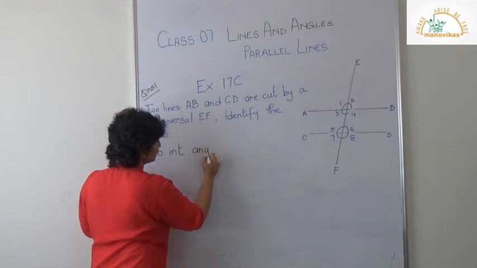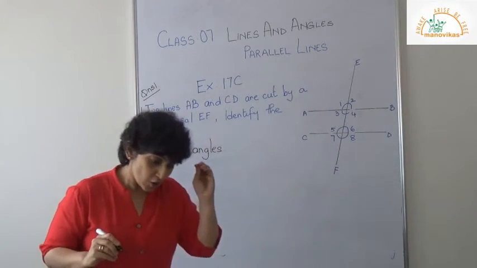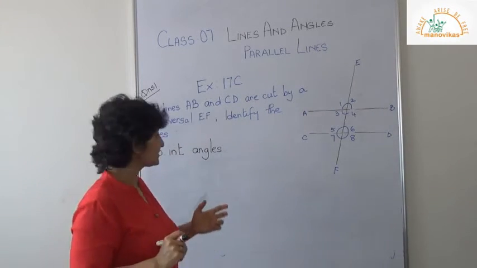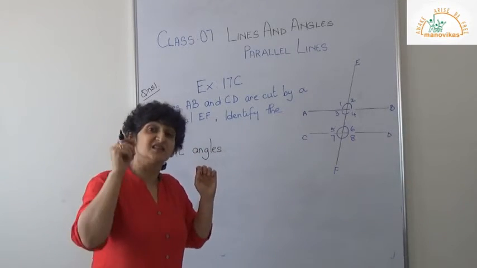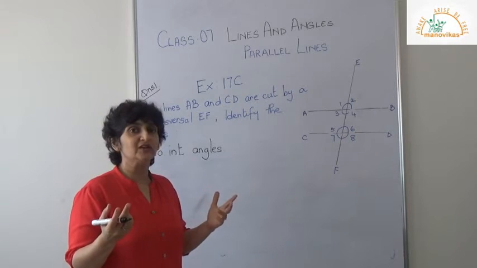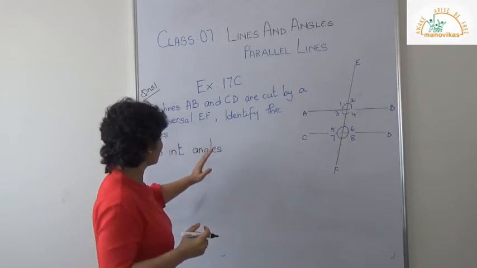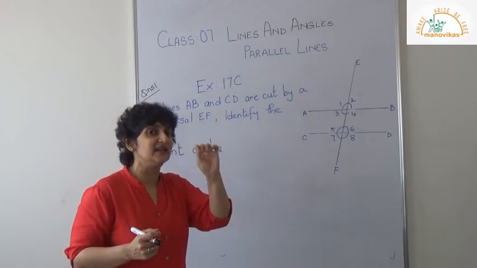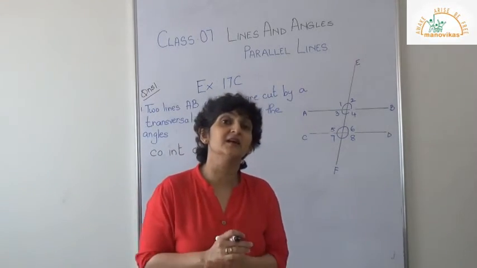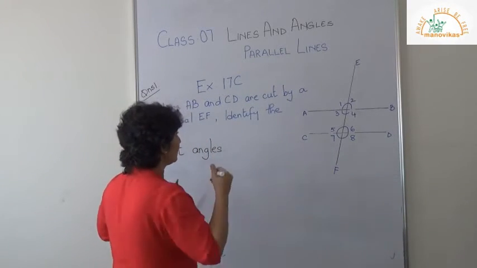Co-interior angles, whether it is co-interior angles or co-exterior angles, the sum is always equal to 180. Here all you need to do is identify the angles. So which are those angles? They have only asked you for interior. Remember, interior means inside.